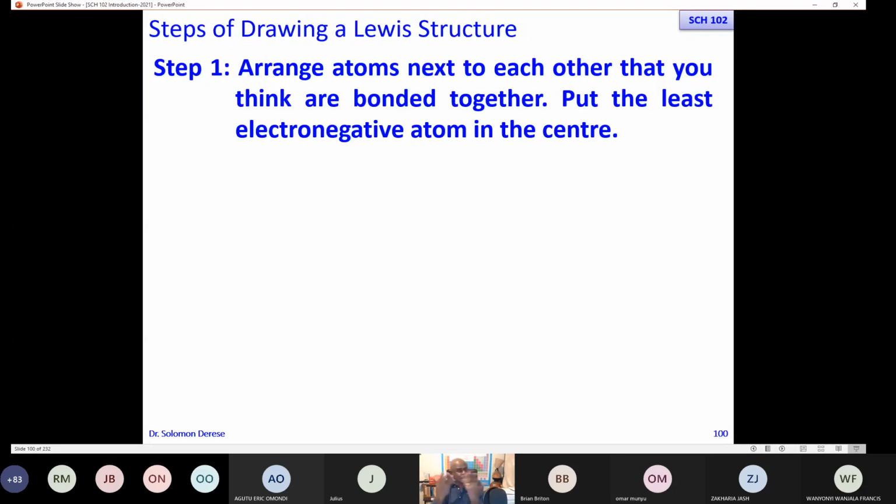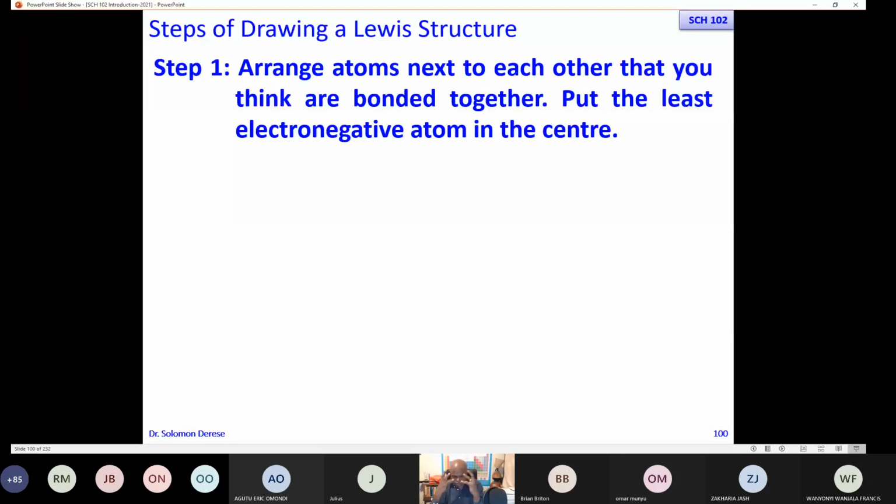When you arrange these atoms, which one should be at the center so that the others surround it? When you have such a situation, you put the least electronegative atom at the center. Between sulfur and oxygen, sulfur has a lower electronegativity than oxygen, so sulfur will be at the center when you are drawing the Lewis structure for sulfuric acid.